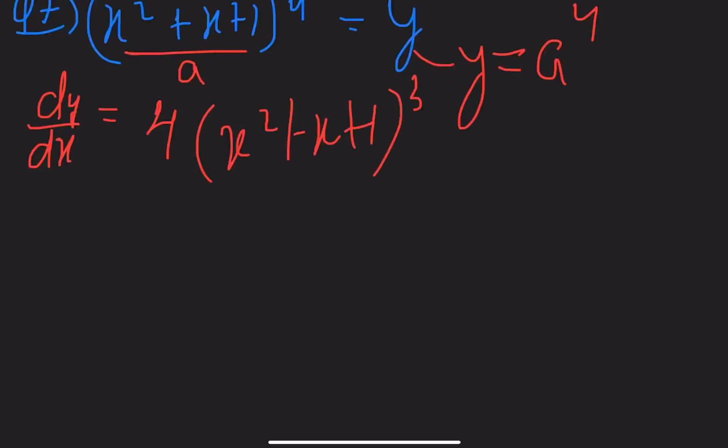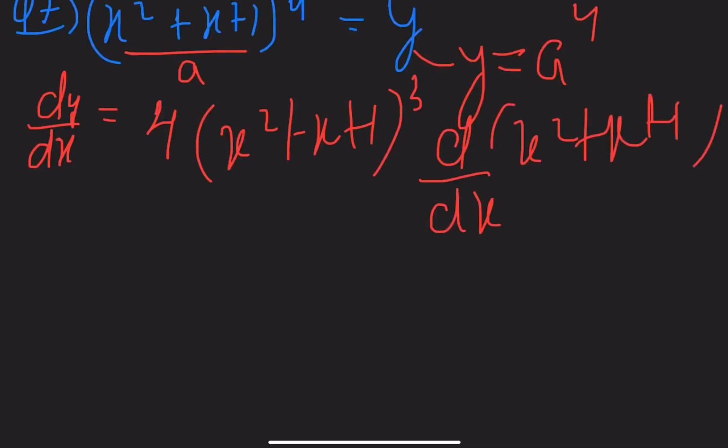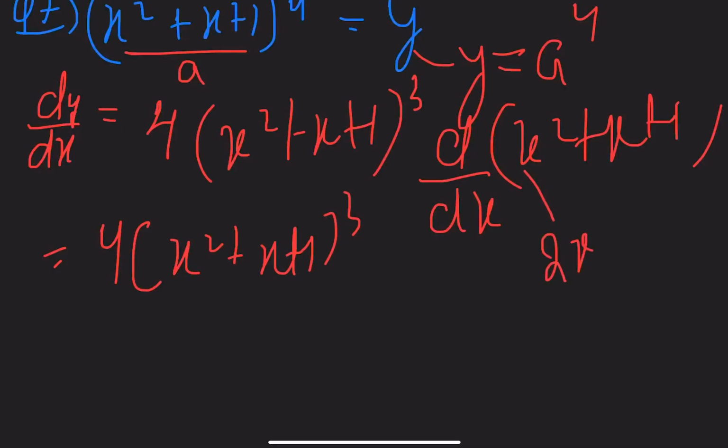But you can see here a is not a standard function, it is x square plus x plus 1. It is a polynomial function. I have to differentiate this as well. So into the derivative of x square plus x plus 1. So this becomes 4 of x square plus x plus 1 whole cube into the derivative of x square plus x plus 1. X square will be 2x, again using the power formula.